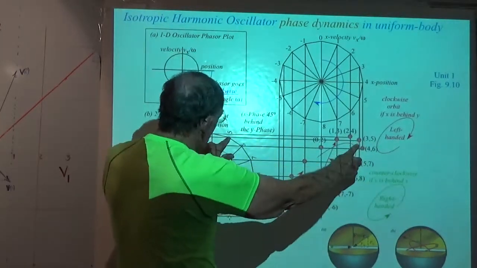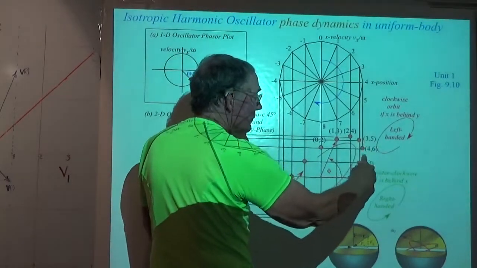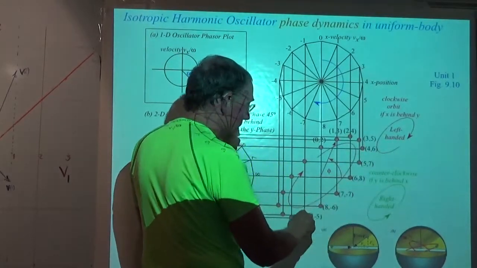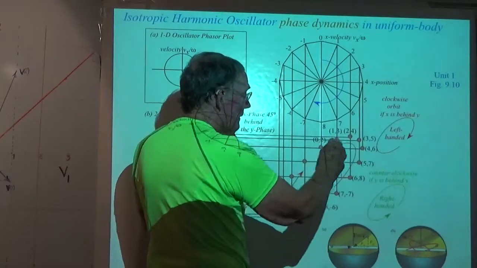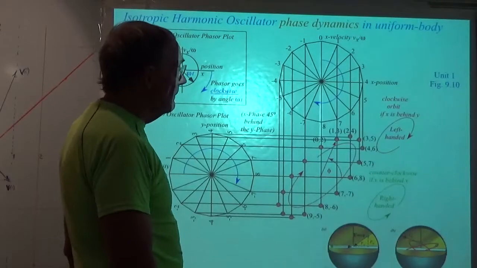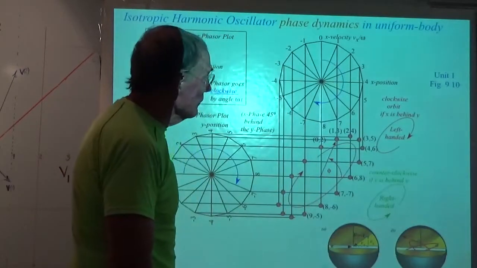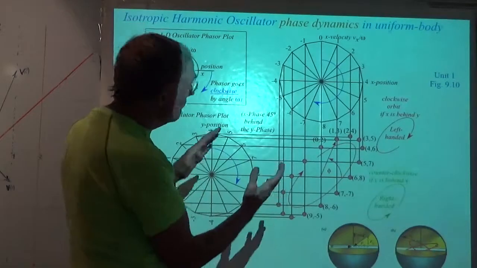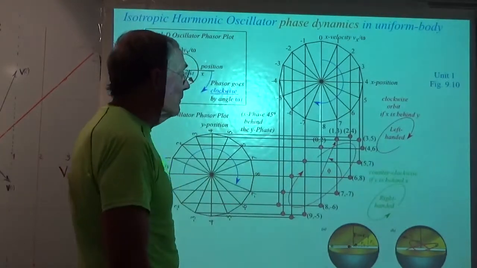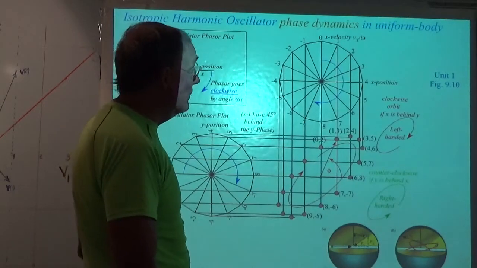It drops down here to 5, you see, so that's the third point, and so forth, all the way around this orbit, you see. So this is a very simple diagram of what's going to happen inside the Earth. It's going to make an ellipse that's generally tipped by some amount. So that's the idea.